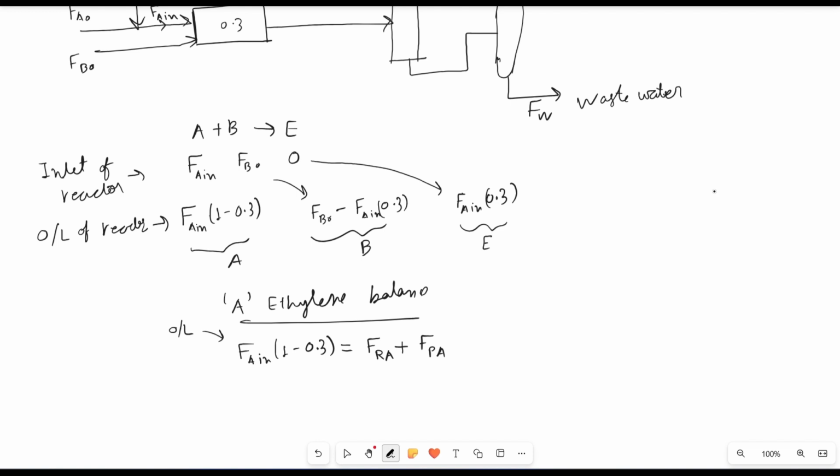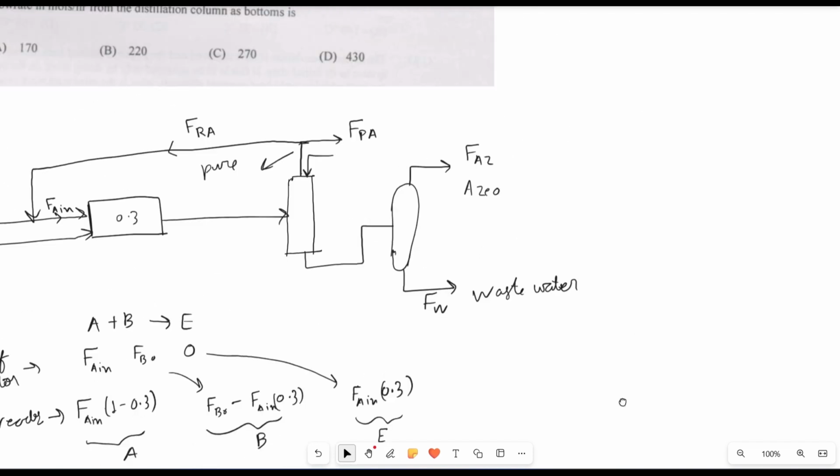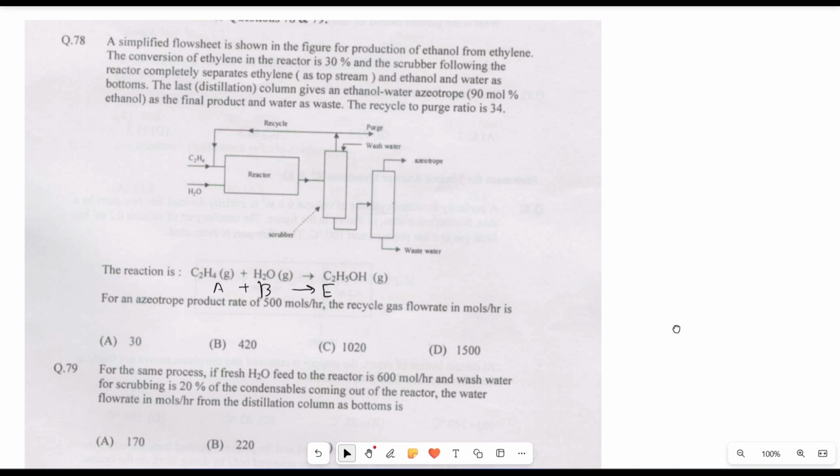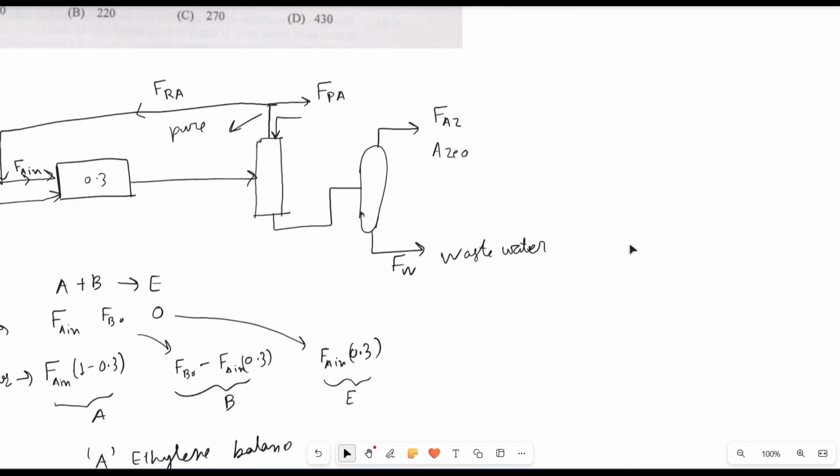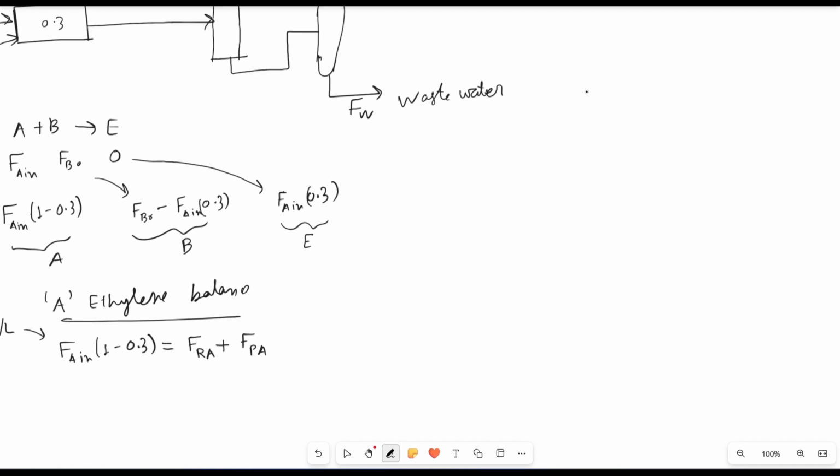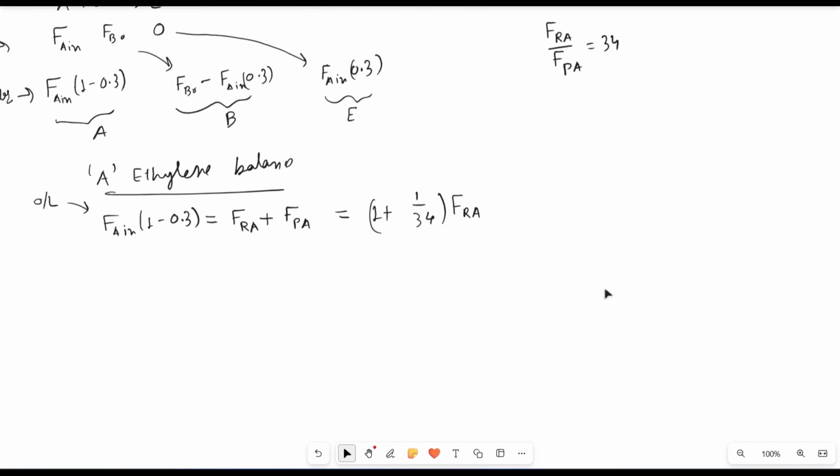Now the ratio of recycle to purge is 34. So FRA by FPA equals 34, and we can substitute FPA as 1 by 34 FRA.